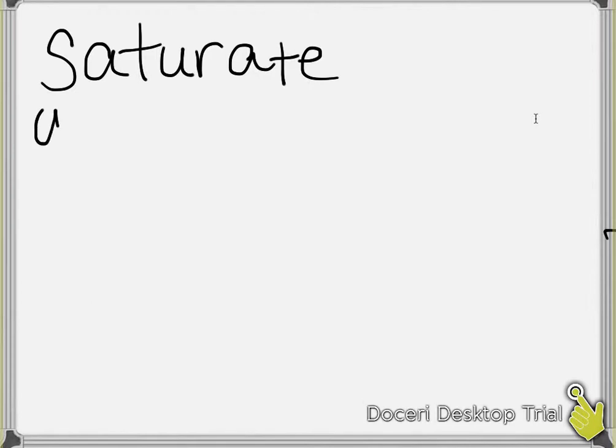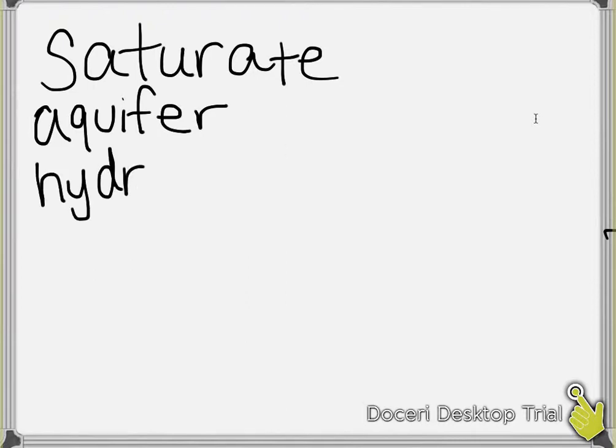Another word that we're going to encounter is aquifer. Hydrosphere is another.